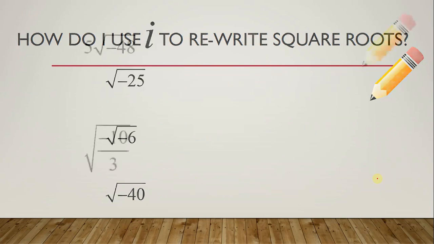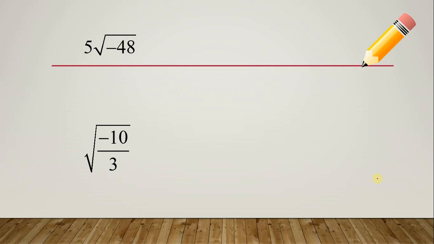Let's try a couple extras. I got 5 times the square root of negative 48, so let's break down the square root of negative 48 here. So that would be 5 times the square root of 48 times the square root of negative 1. 4 goes into 48, but I bet there's a bigger perfect square, because I want to find the biggest perfect square. 1, 4, 9 doesn't go in there. 16 does. 16 times 3 is 48.